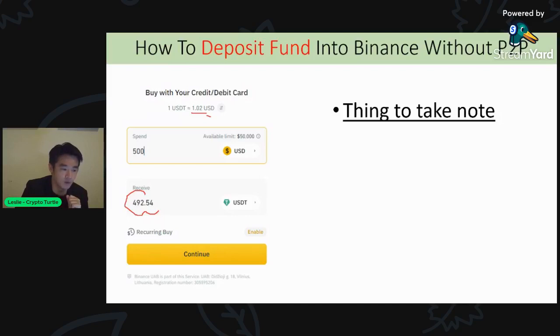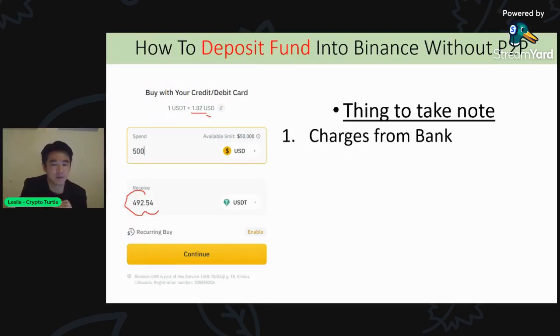Besides this, there may be some charges from the bank, like a cash advance payment for using the credit card. So our suggestion is if you use a debit card, I think it will be better because it's essentially your own money, so you just debit from it. I hope that makes sense.